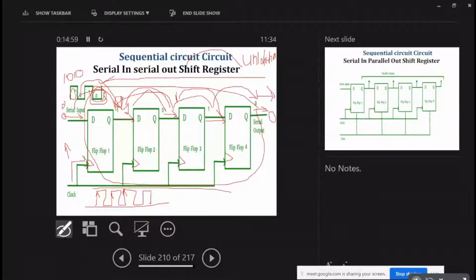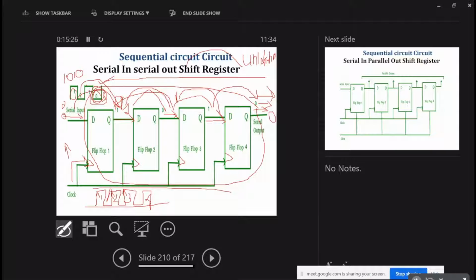Okay. So how many clock edges does it require to get the first LSB at the output? It requires 4 clock edges. So this is 1, this is 2, this is 3, 4 clock pulses we need to get this 1 bit at the output of this register.